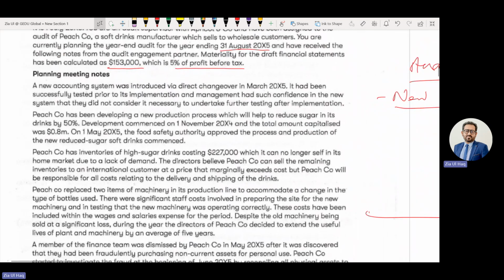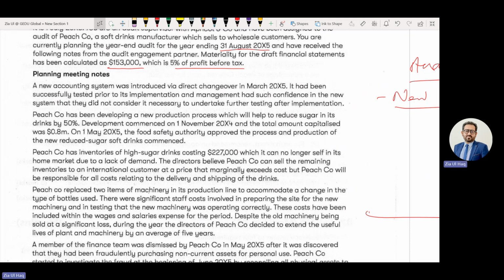Planning meeting notes. Peach has been developing a new production process which will help to reduce sugar in its drinks by 50%. New production process that will reduce sugar in drinks by 50% because the company sells drinks. Development commenced on 1st November 20x4. Year end is 31st August 20x5.